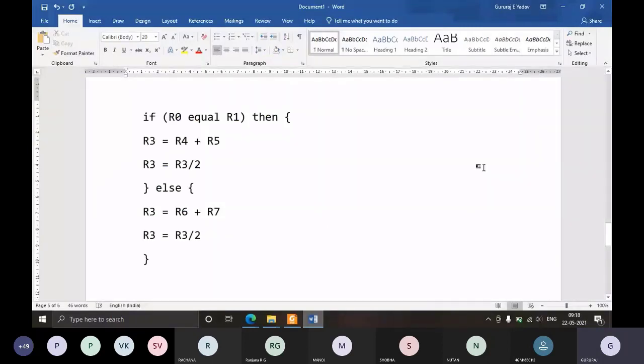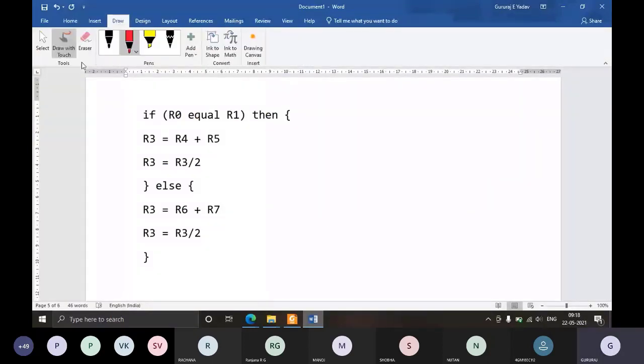This is the C program which you have to convert to assembly using IT instruction. You have to implement this using IT instruction.